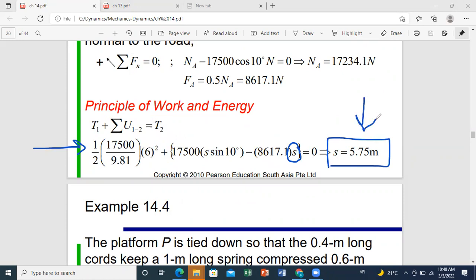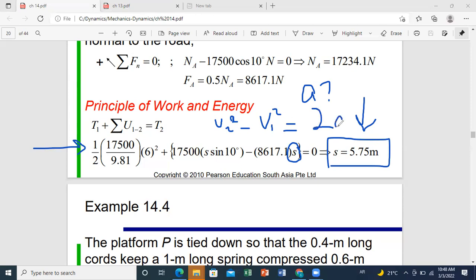Also here, you could have solved this problem using chapters 12 and 13, same methodology. You can first find a from sum of forces along x equals ma. Once you get a, since all forces are constant, a is constant, so I can apply v2 squared minus v1 squared equals 2a times s.